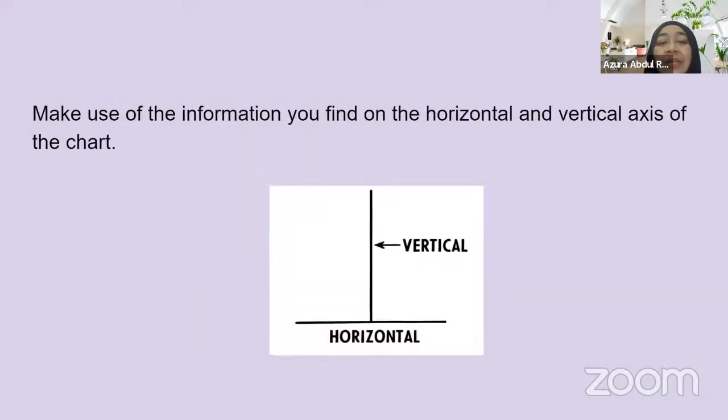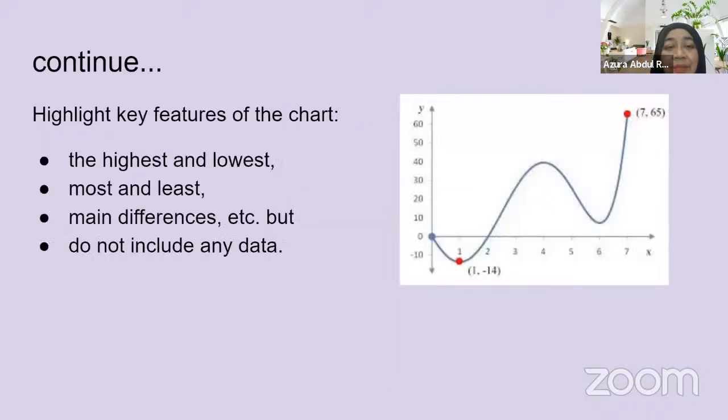And then use the information you find on the horizontal and vertical axis of the chart. So this is X and Y, okay? And highlight key features of the chart, the highest and lowest, the most and least, the main differences, okay? But do not include any data.